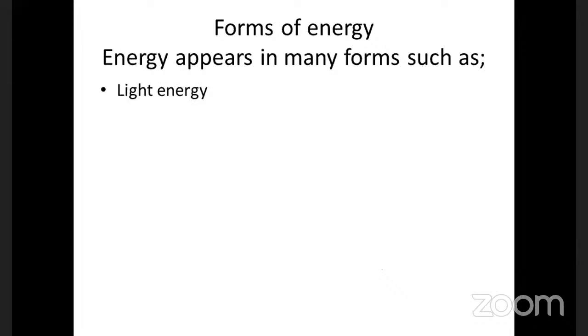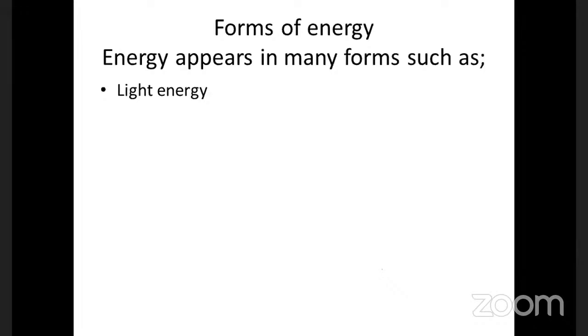The first form of energy that we have is light energy. I think commonly we are able to have this around us. Currently, even where we are, there's just light next to us. We have light in plenty.